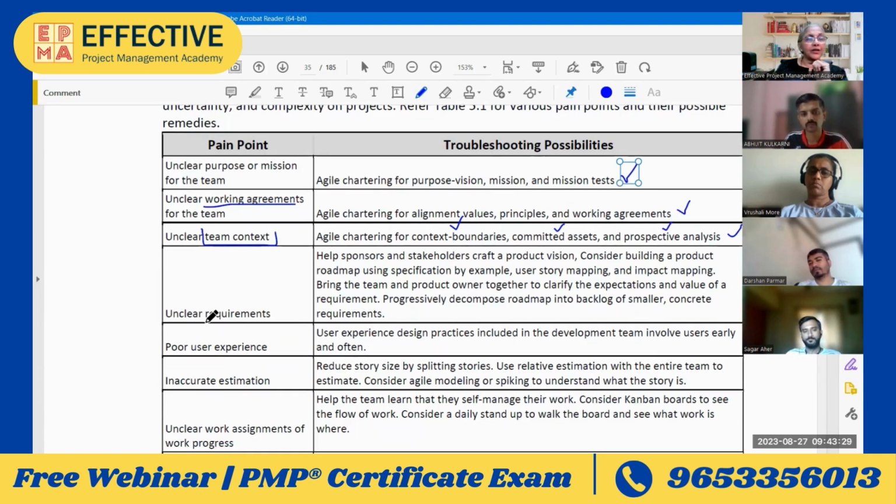Unclear requirements. The team doesn't understand the work. If the team doesn't understand the work, the team really needs to have good clarity about purpose, vision, mission. But if the team fails to understand, there's one more thing that the facilitator has to see. I've not checked the description, I'm just telling you my perspective.